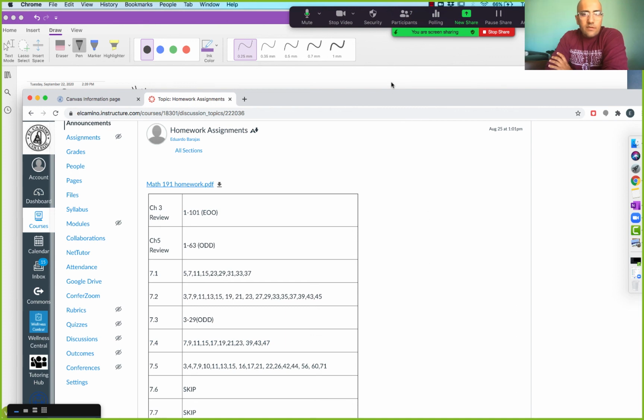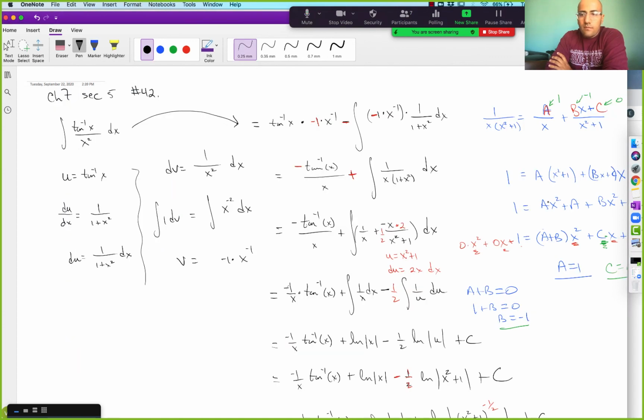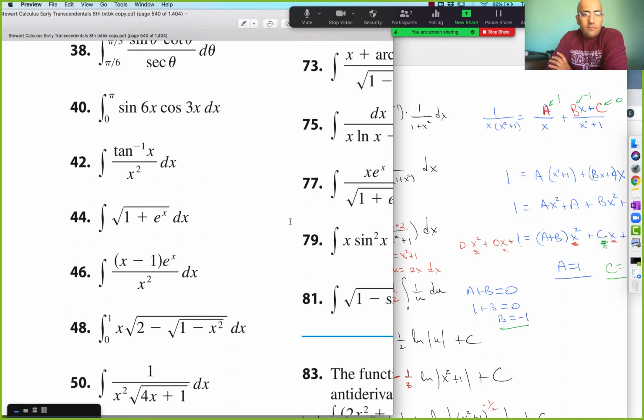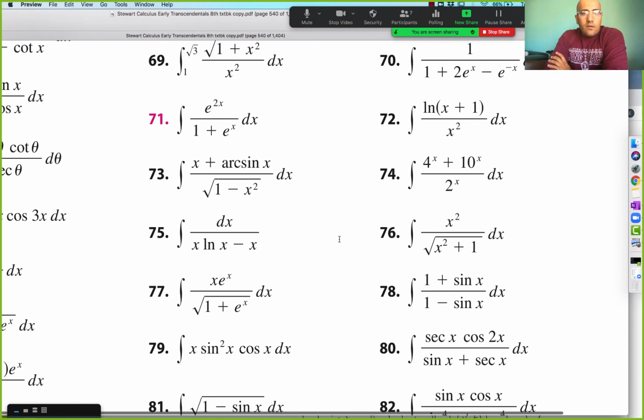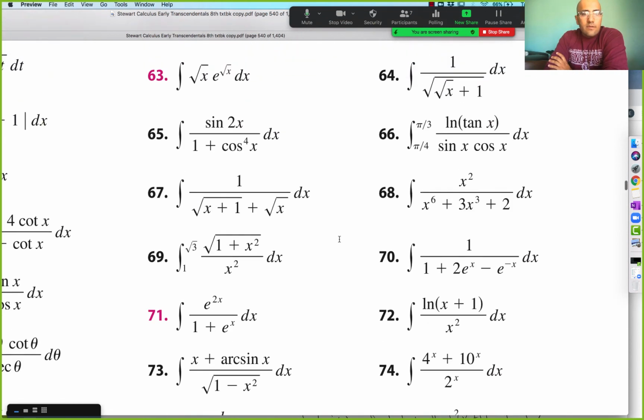56, 60, 71. Is part of that. What do you guys think about 71? What should we do there? Anybody get that far? Any questions or any ideas on what to do with number 71?